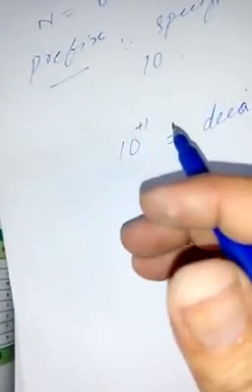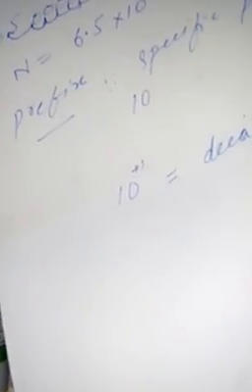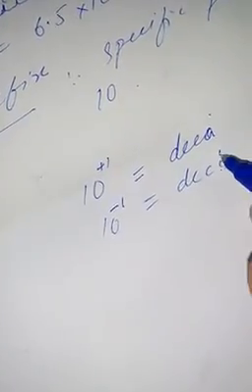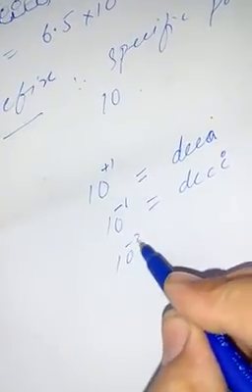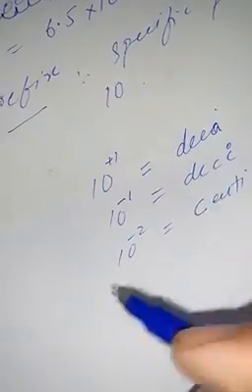While deci is 10 power minus 1. And 10 power minus 2 is centi, just like centimeter. Centi is for 10 power minus 2, and so on.